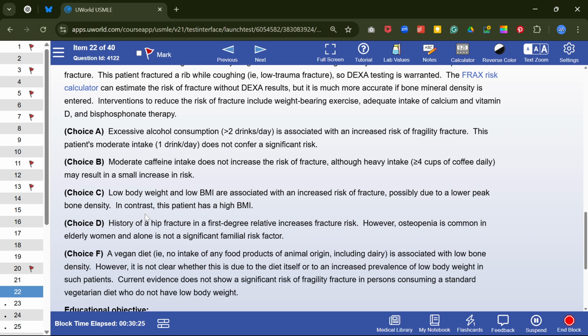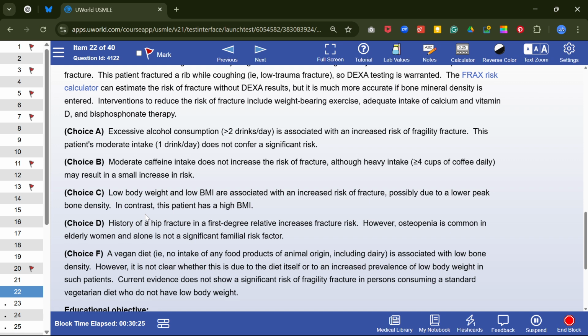However, it is not clear whether this is due to the diet itself or to an increased prevalence of low body weight in such patients.